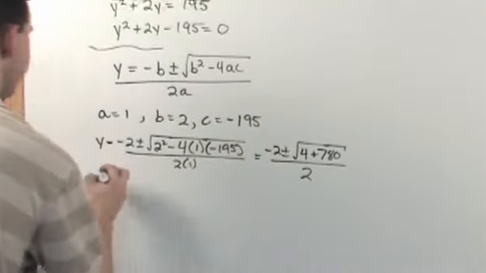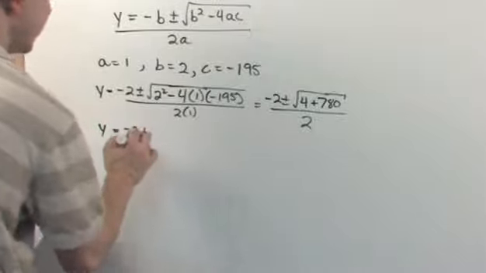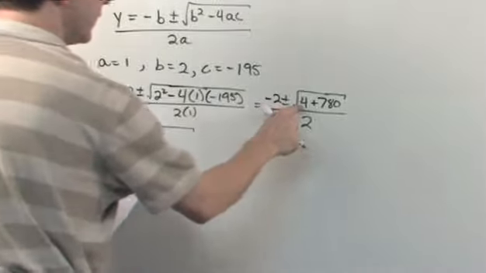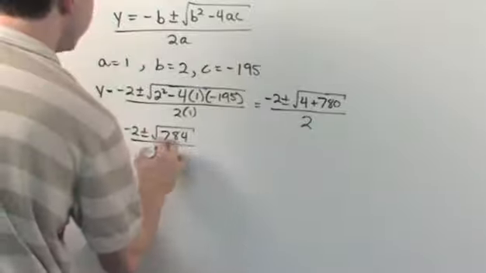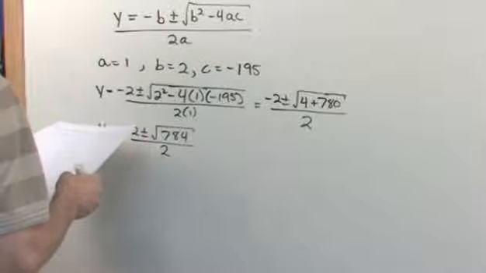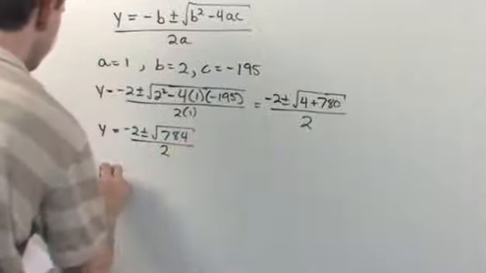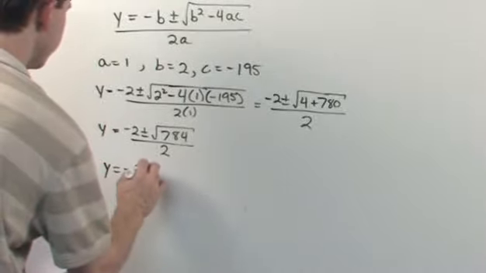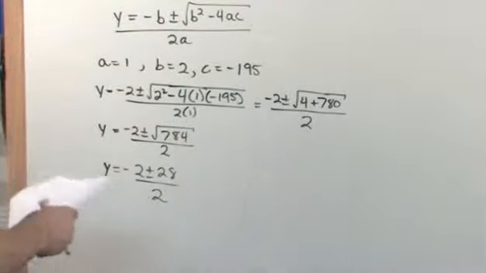So let's keep on cranking through it. Y is going to be equal to negative 2 plus or minus the square root of 784 over 2. And the square root of 784, believe it or not, actually works out to 28, so negative 2 plus or minus 28 over 2.